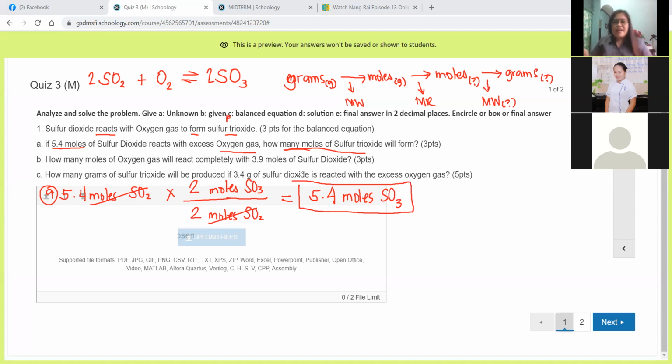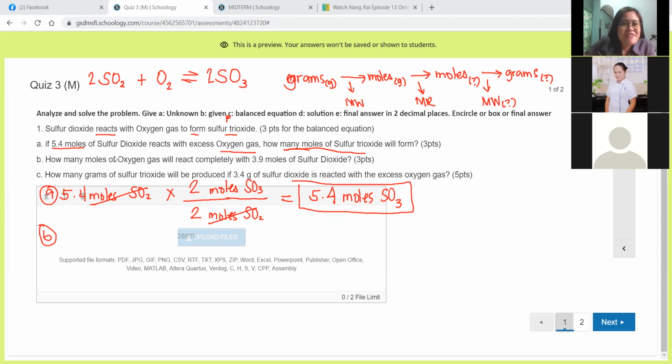So this will be the answer for letter A. Do we have the same answer? Yes, ma'am. Okay, so no mistakes. Quick, right? Your energy hasn't dropped.